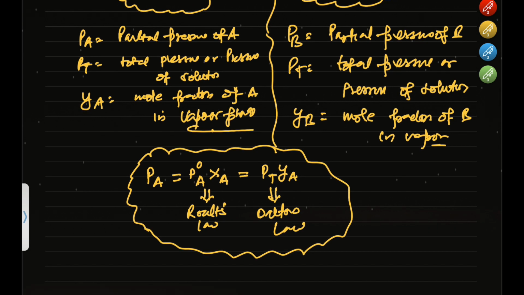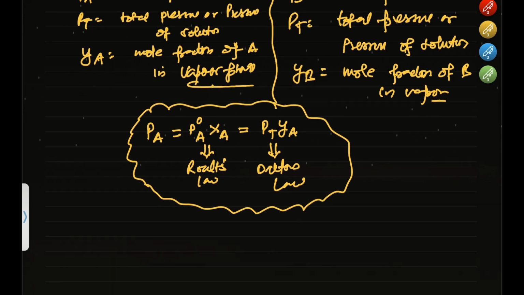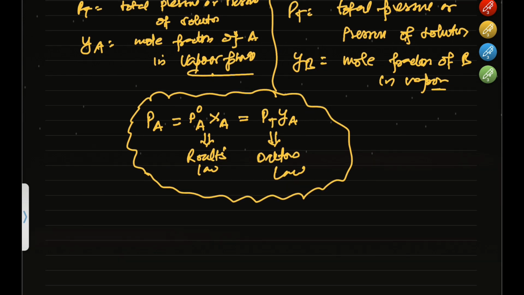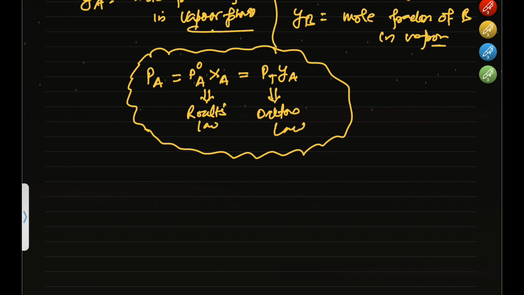Okay, both will give the same value, but the difference is only what data is given in the question, whether the vapor pressure and mole fraction in vapor phase, or the mole fraction in liquid phase. Okay, both give the same value.